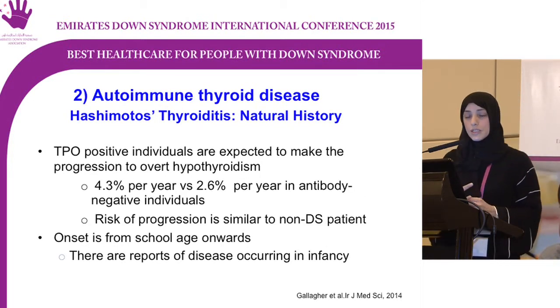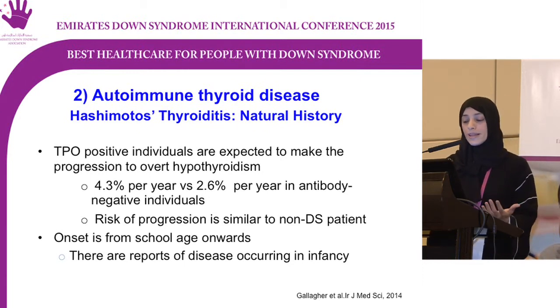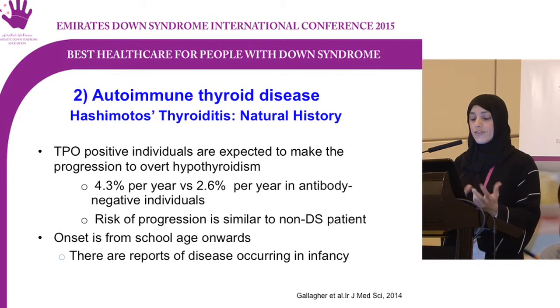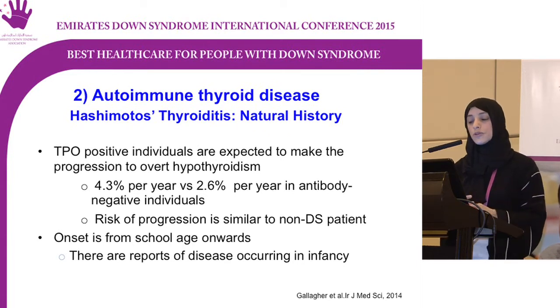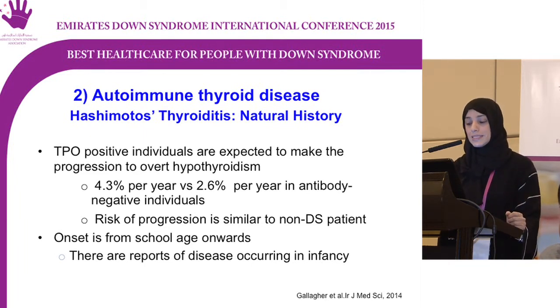It's well documented that those with autoantibody-positive thyroid status tend to convert to hypothyroidism more than those with antibody-negative status. The conversion rate is about 4.3% in kids with positive autoantibodies, compared to 2.6% for those with negative autoantibodies. And the risk of progression in those with autoantibodies is similar to non-Down syndrome patients.